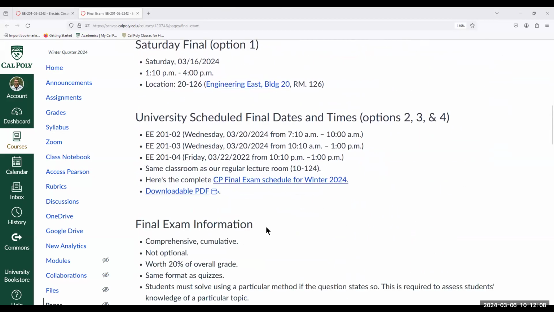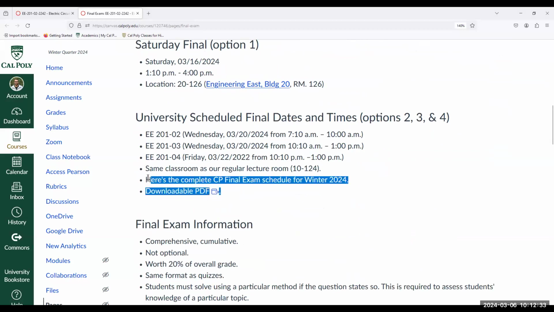There are 4 options for section 3. This is what I'll point out. Section 3 is this class at 10 a.m. The exam is in this room on a Wednesday at 10 o'clock in the morning. Okay, that's the university scheduled date and time. You can find links to the university schedule right here in these 2 links.